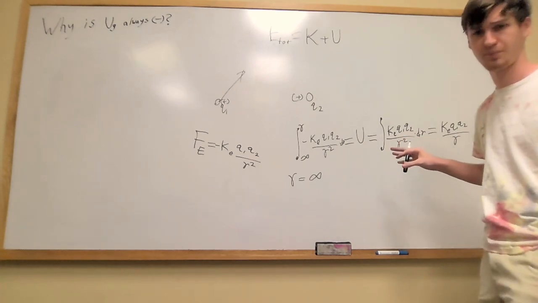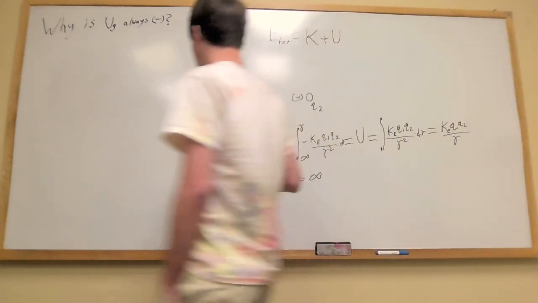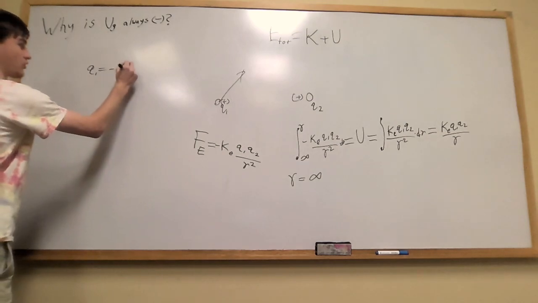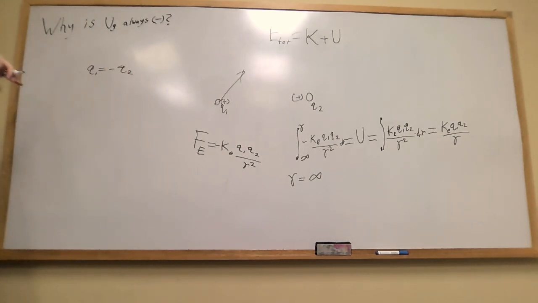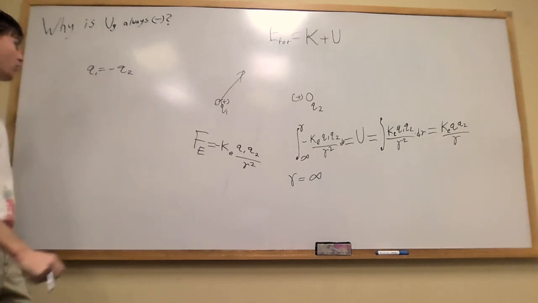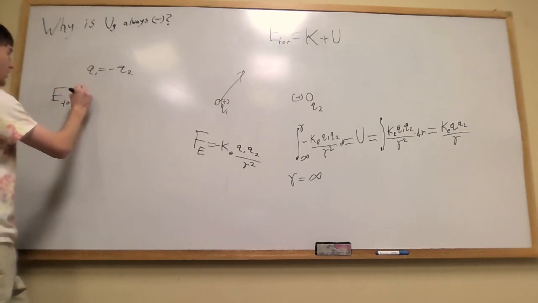So now let's talk a little bit about what happens in the system. If the charges, let's just say they're equal charges, Q1 equals negative Q2, in that scenario we would end up with, let's go back to the total energy real quick, hold on a second.